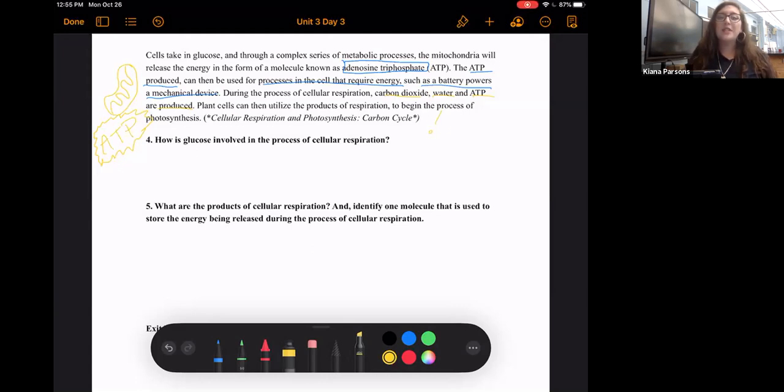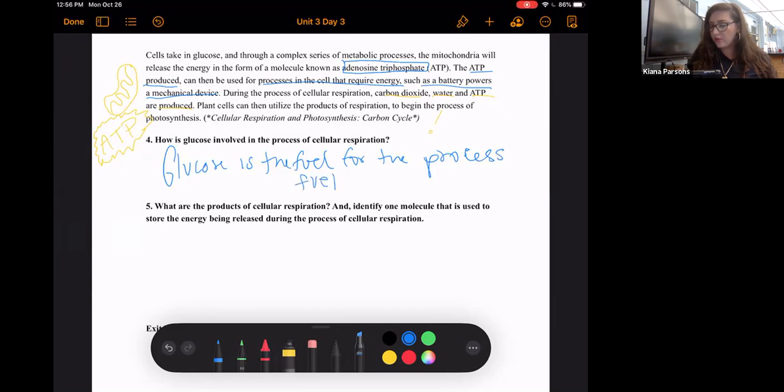So, number 4, how is glucose involved in the process of cellular respiration? Glucose is the fuel for the process. So, we need to eat glucose or eat compounds that contain glucose in order to get the fuel for the process.